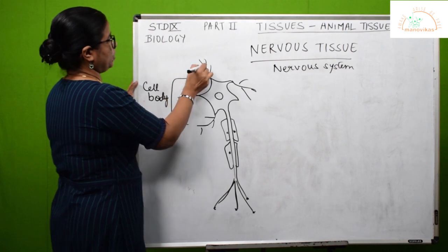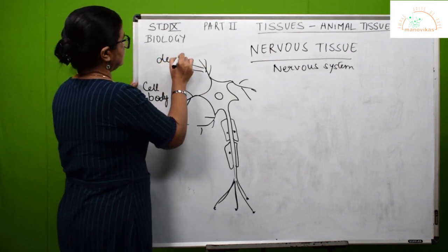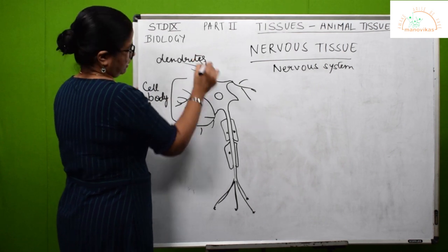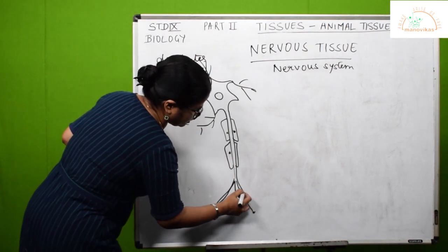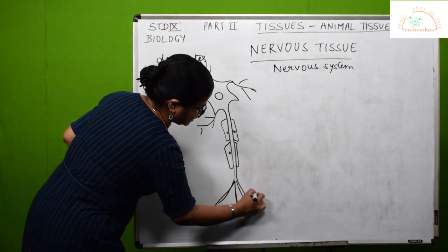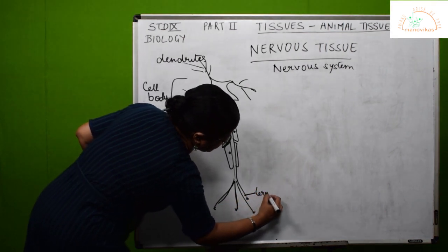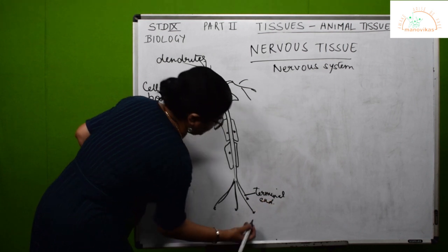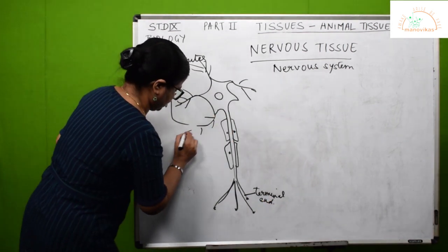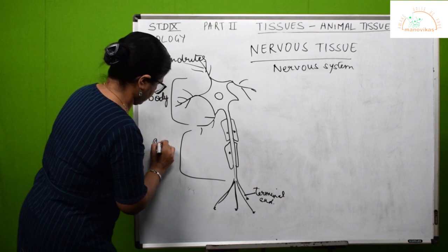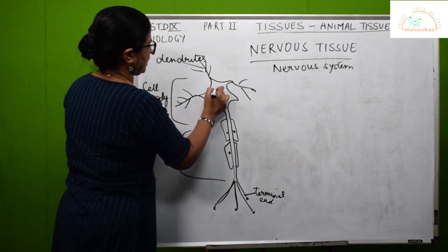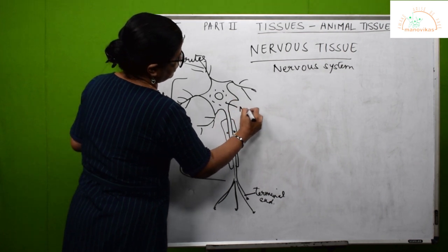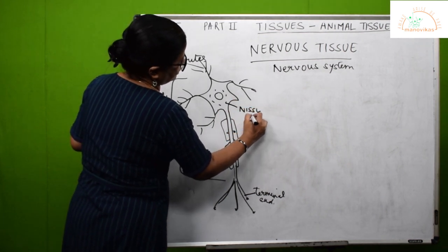Dendrites. These are the terminal ends, synaptic bulbs here. This part from here to here is the axon. There will be some granules here. This is the nucleus of the cell body.